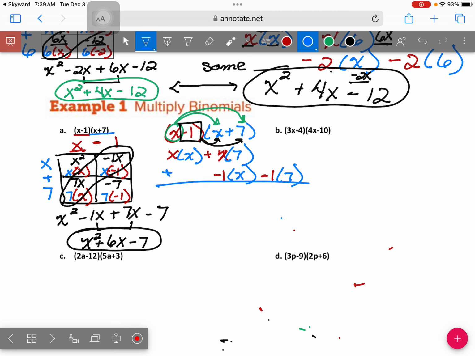I'm going to add these together. So x times x is x squared. X times 7 is 7x. -1 times x is -1x. That gives me 6x. And -1 times 7 is -7. It is in standard form, and it gave me the same answer.